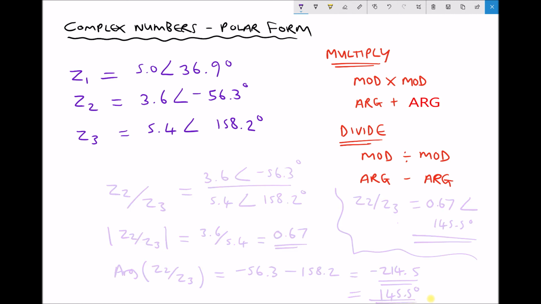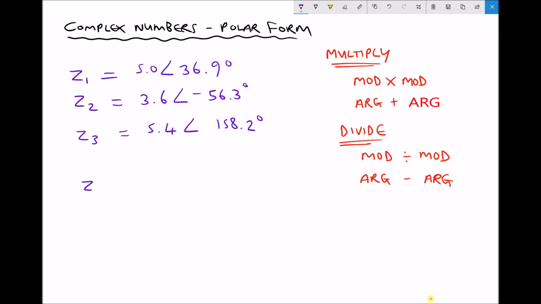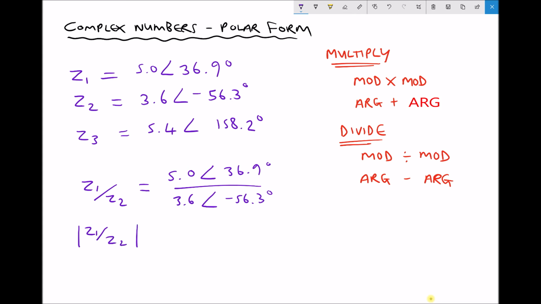Let's take a look at one more, and this time we'll do Z1 divided by Z2. Z1 is 5.0 at an angle of 36.9 degrees. Z2 is 3.6 at an angle of minus 56.3. The modulus of Z1 over Z2 is just 5.0 divided by 3.6, which gives us 1.39.